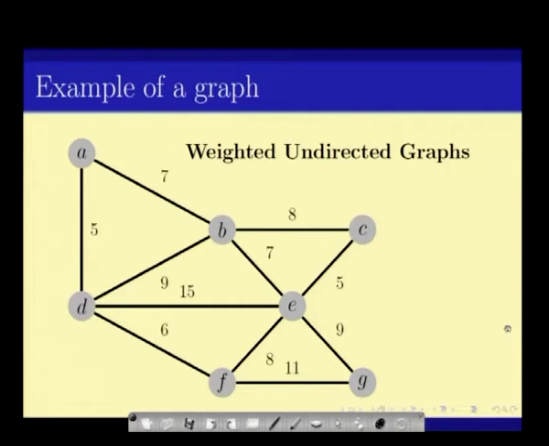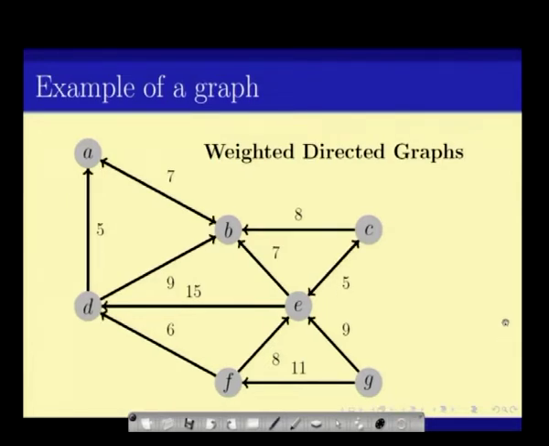We can also have weights on these edges. For example, this edge has weight 8 and that edge has weight 7 and so on. In that case, we call it a weighted undirected graph. The other thing is that these edges can be directed. In other words, we denote the direction by an arrow. So, there is an edge from G to E, meaning (G, E) is an edge in this graph.